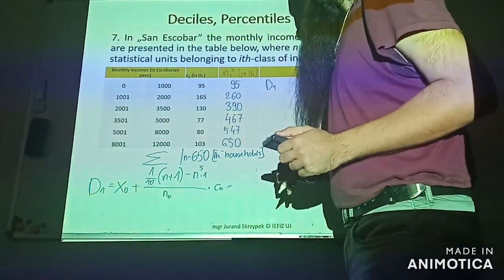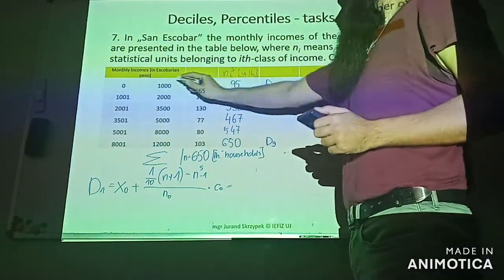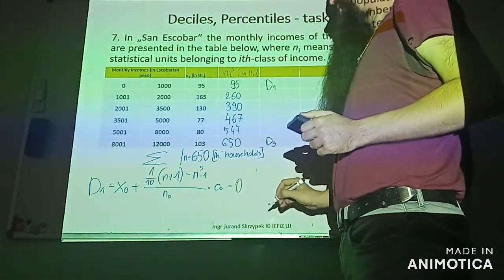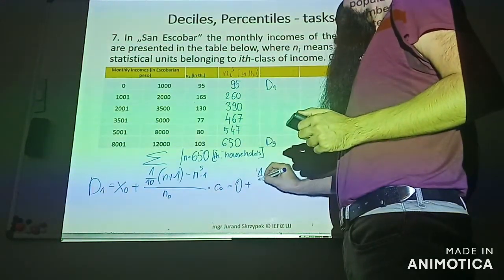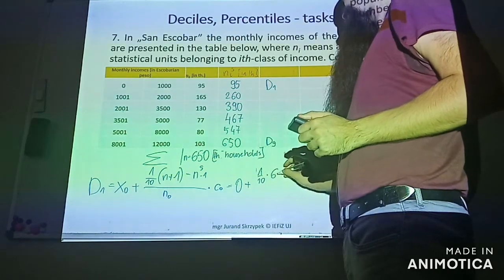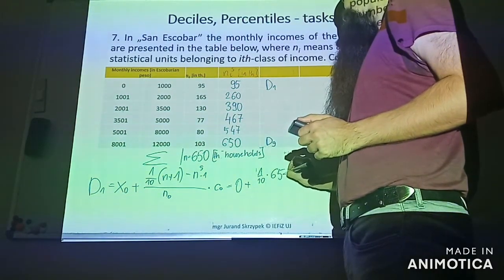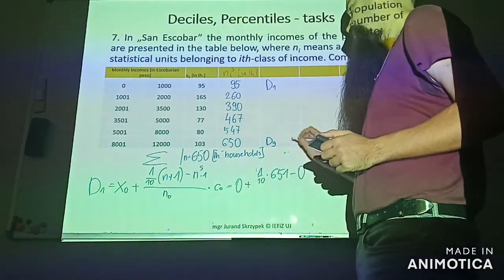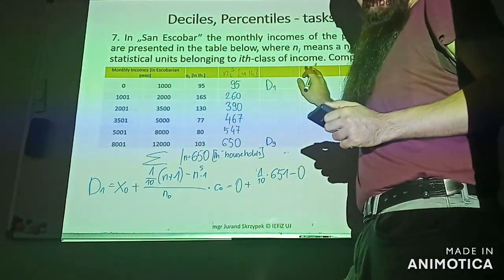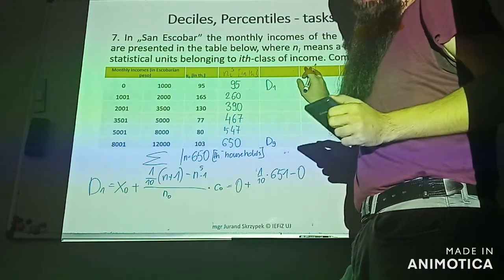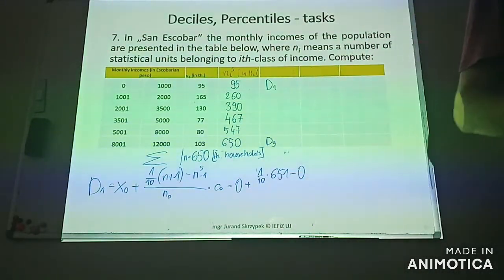In our example, we have 0, the lower bound of the class, plus 1/10 multiplied by 651 minus 0, because there is no previous class.